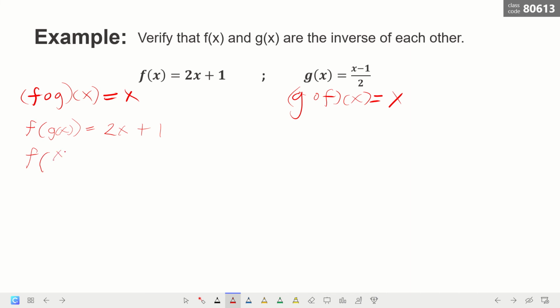So, x minus 1 over 2 is equal to 2. Itong x, lahat ng x na variable sa ating equation, papalitan natin ito. x minus 1 over 2 plus 1. So, ito, cancel natin si 2.